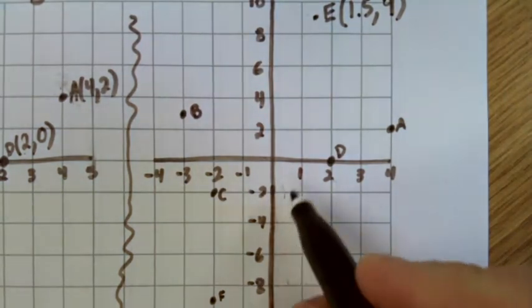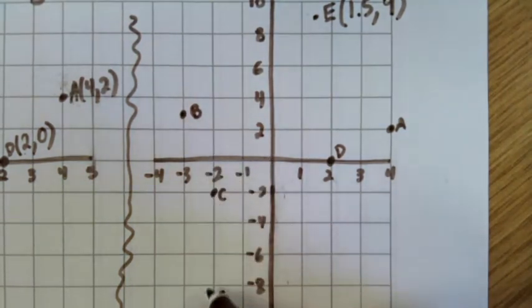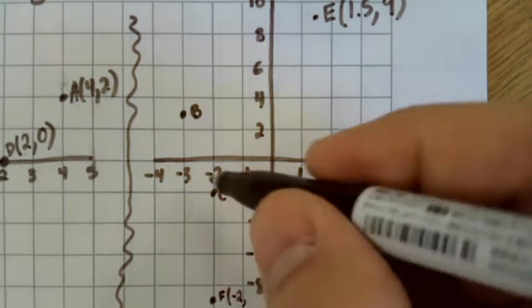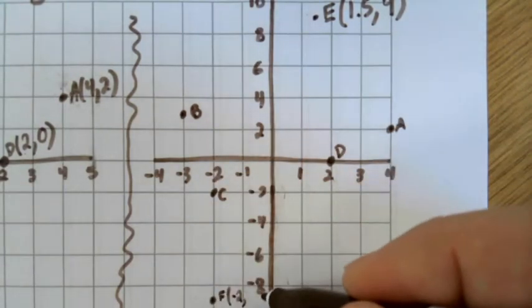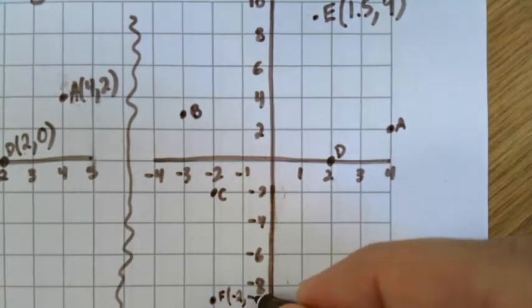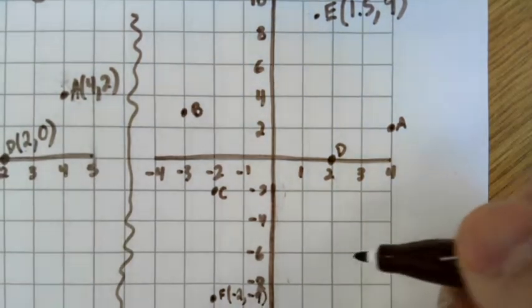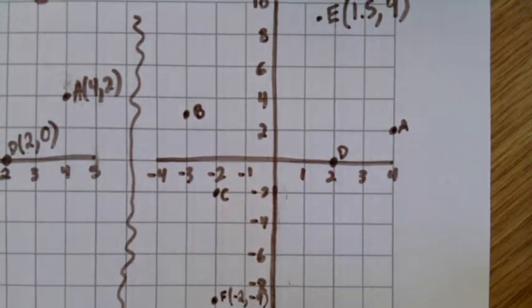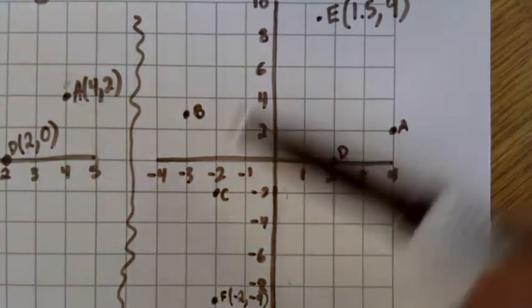What about F? We move over to the -2 line, and we've moved down halfway between -8 and -10, which would be -9. So that would be those points. This is a little review of what we did near the end of grade 7, just placing these ordered pairs onto the grid.